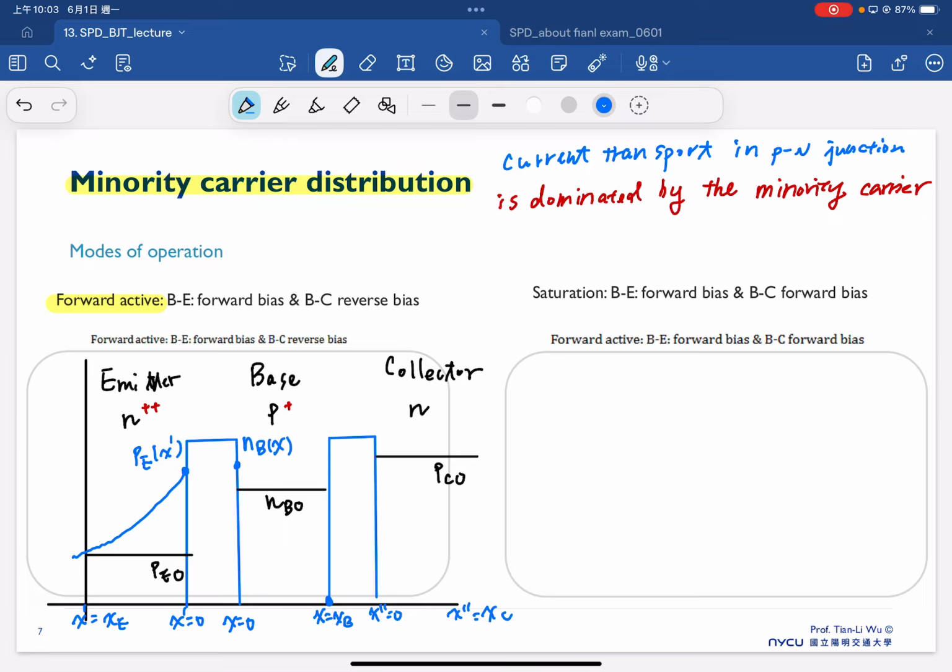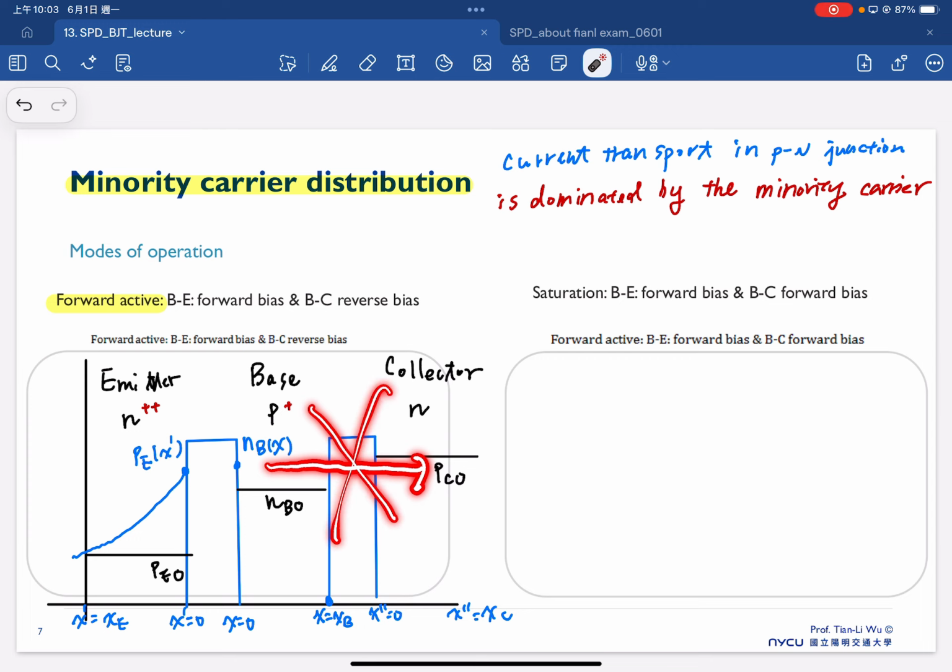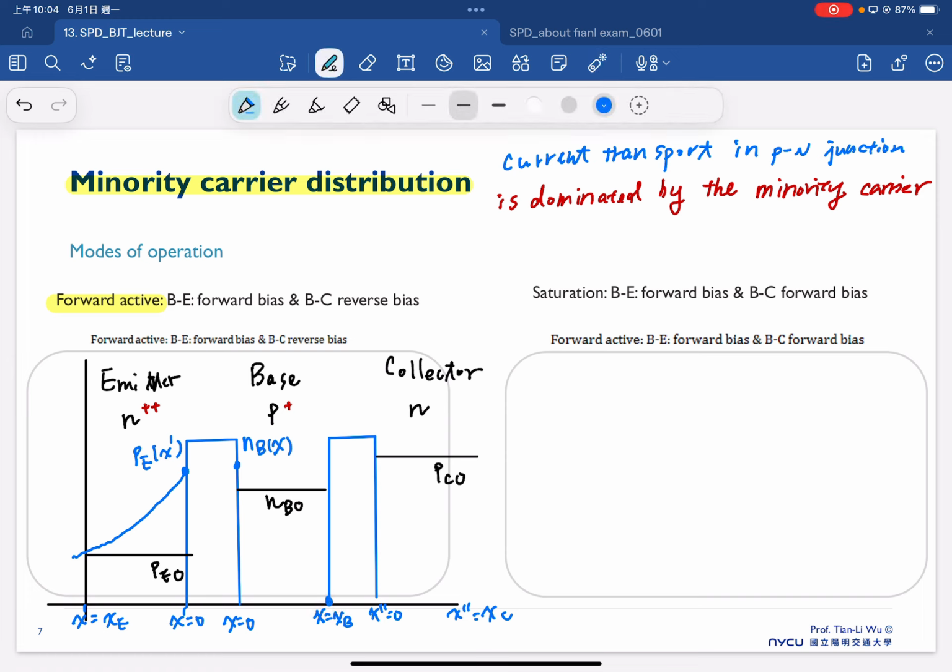Ideally we won't have any carriers be able to be injected from the base to the collector, because this is a reverse bias. So we force the minority carrier distribution to become 0 at this region, and in the end you will see these distributions.